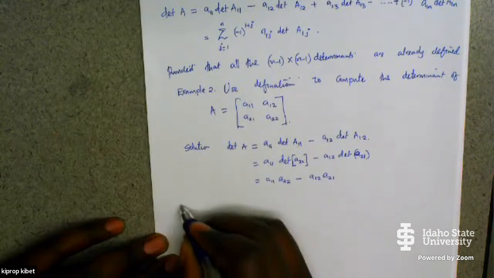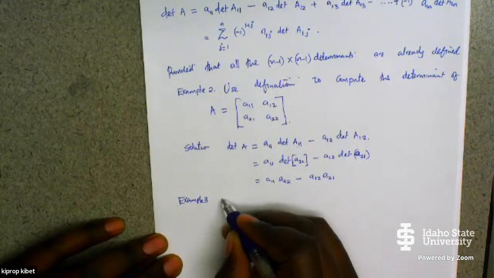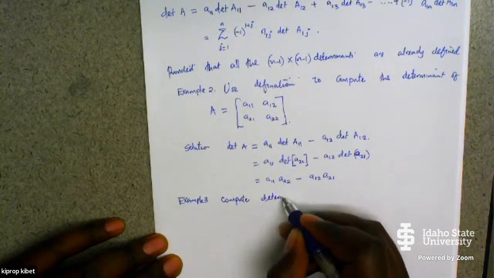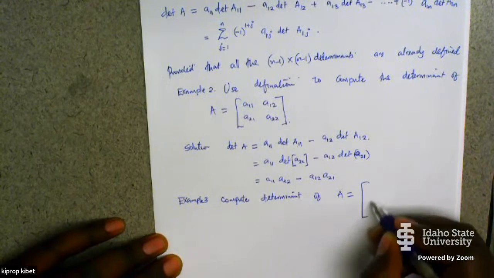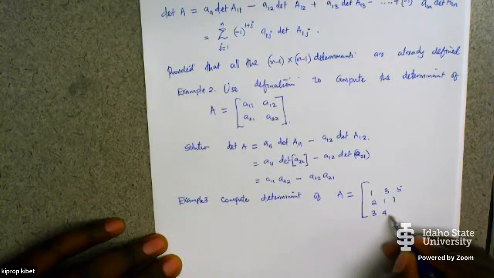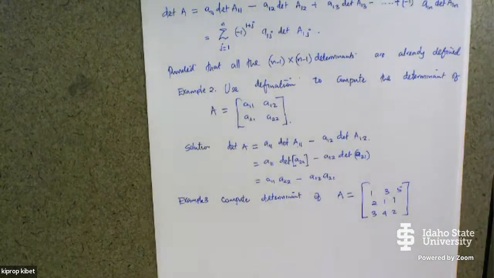Now, let's compute example number 3. Compute the determinant of A, which is the matrix with rows 1 3 5, 2 1 1, 3 4 2. We can use the first row.